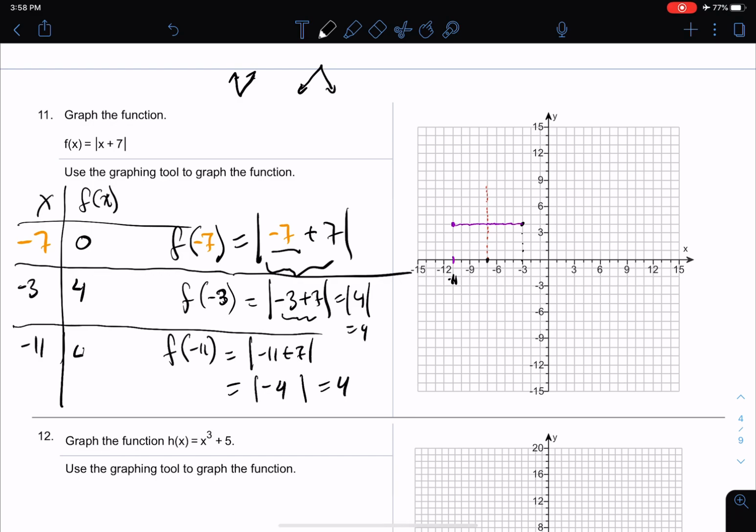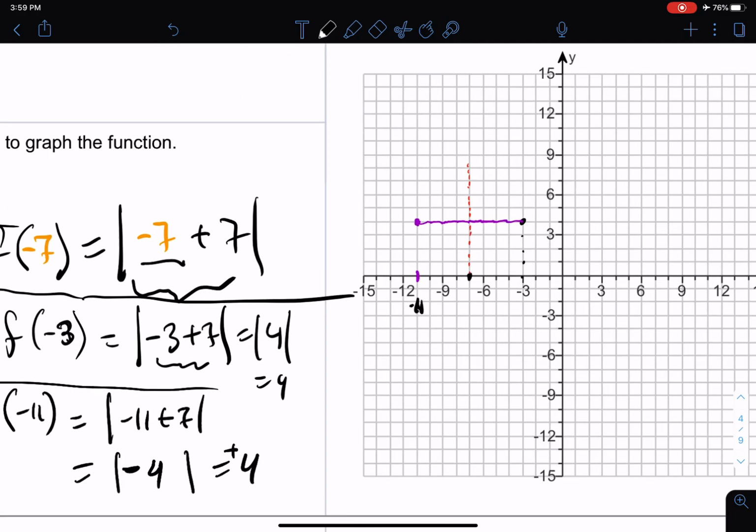And you can see that absolute value is doing something that the squaring in parabolas did. It's making the graph pop back up because it's turning this negative into a positive. That's great to do in life, but that's what's happening in this problem too. So we've got -11, comma 4.